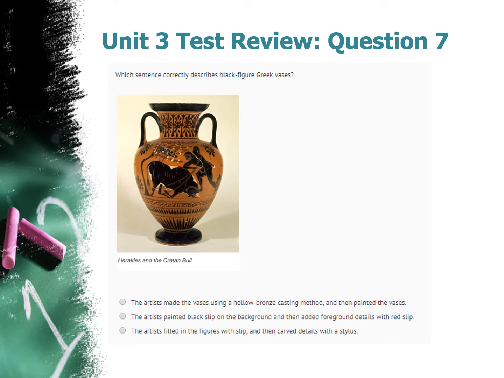Okay, for our next question, which sentence correctly describes black figure Greek vases? The artist made the vases using a hollow bronze casting method and then painted the vases. The artist painted black slip on the background and then added foreground details with the red slip.